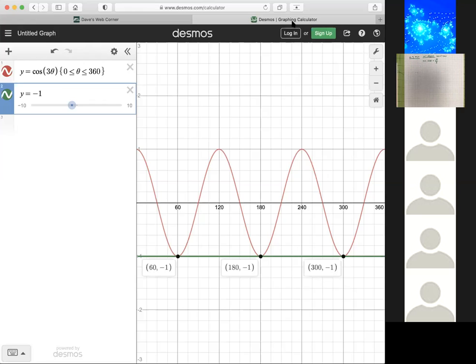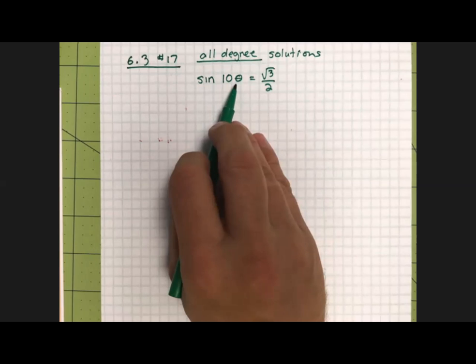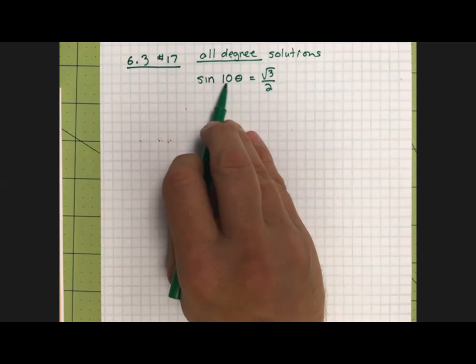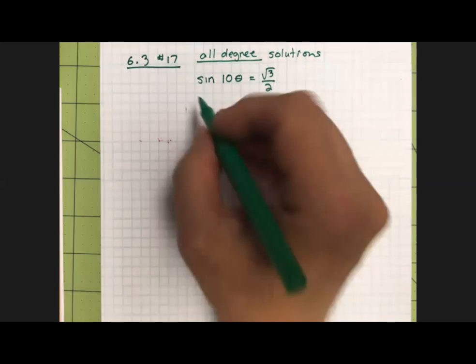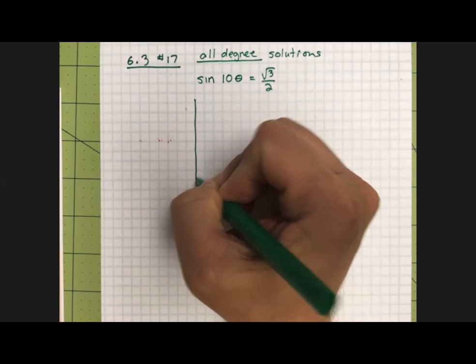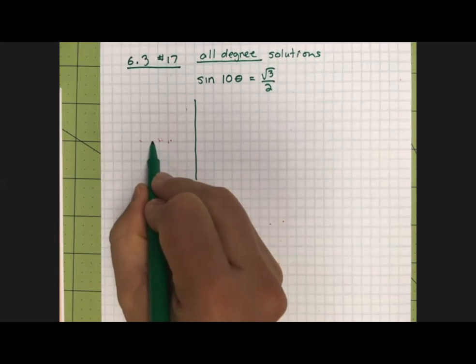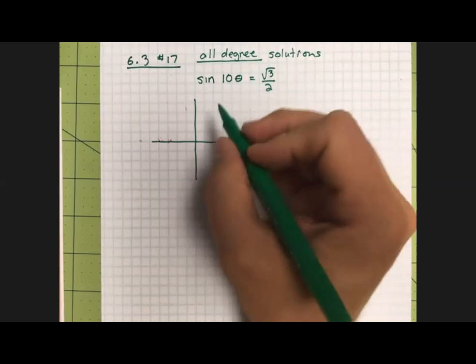Sorry, let me switch back to my paper. Can you find every angle that when you multiply by 10 and take the sine, you get root 3 over 2? Well, again, you have to base this on your knowledge of sine. When is the sine equal to root 3 over 2?